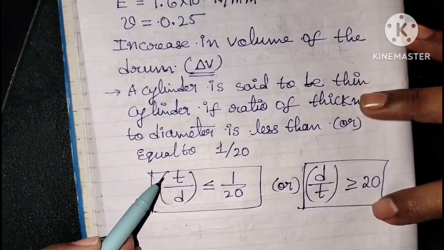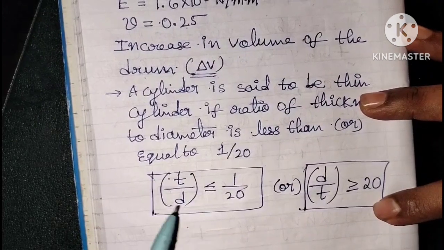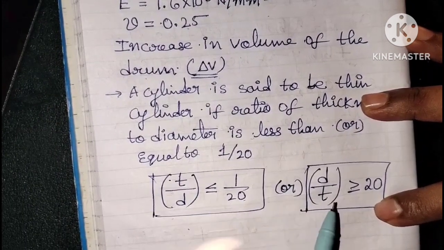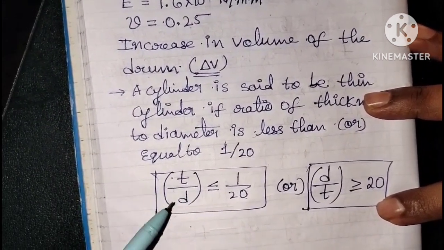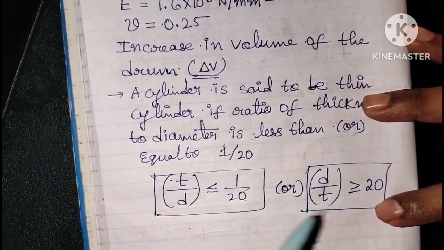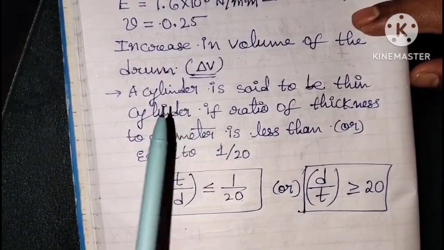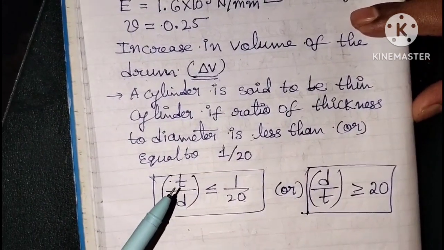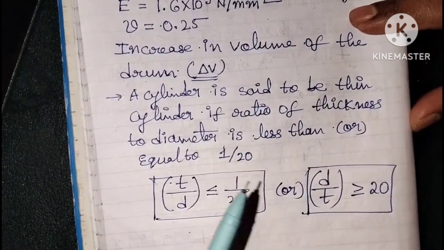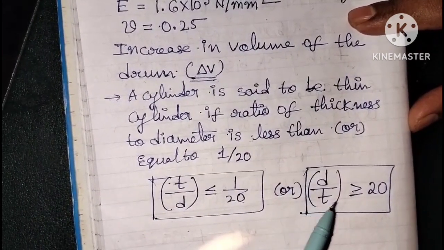When we take the reciprocal of T by D, it becomes D by T. So when we take reciprocal on both sides of an inequality, then that inequality reverses. Less than or equal to becomes greater than or equal to, and greater than or equal to becomes less than or equal to. The actual concept is that whether a cylinder is thin or thick is based on the thickness to internal diameter ratio or the internal diameter to thickness ratio. So if you take T by D, it should be less than or equal to 1/20. If you take D by T, it should be greater than or equal to 20.